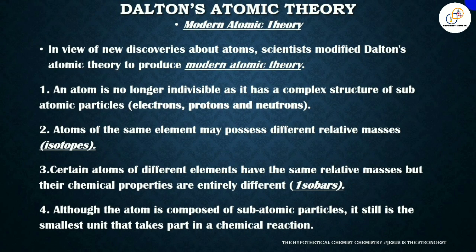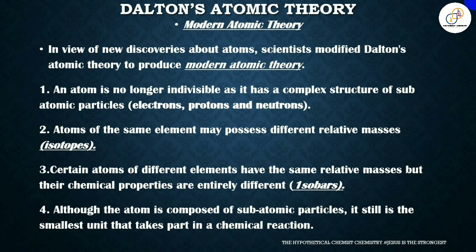Thirdly, certain atoms of different elements have the same relative masses, but their chemical properties are entirely different. We saw that from our previous slide, from the term isobar, using argon and calcium as an example.